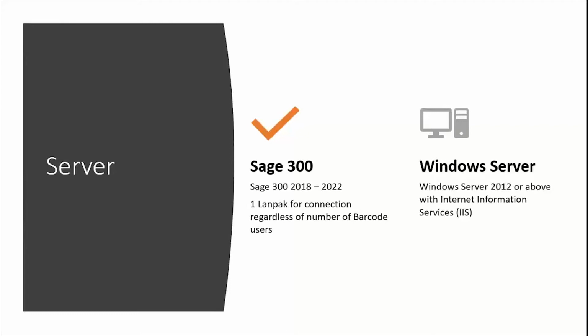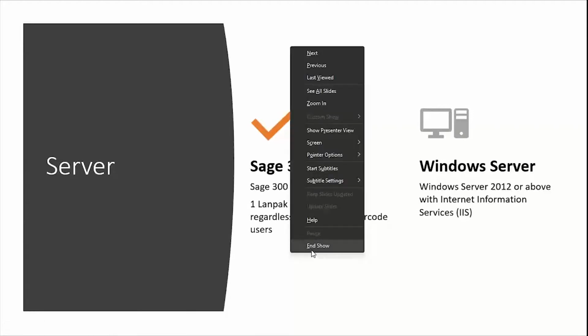So this is how we extend the operations to the warehouse floors. So one LAN pack can be shared by 10 or 20 warehouse or production personnel as they post PO receipts or manufacturing issuances. So that's just a quick overview of the product itself.